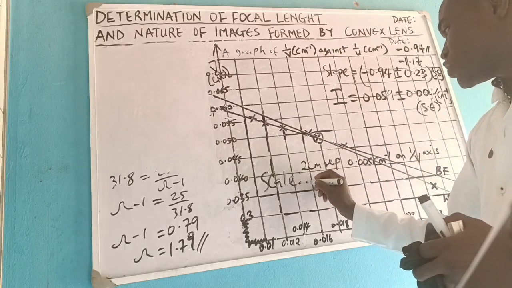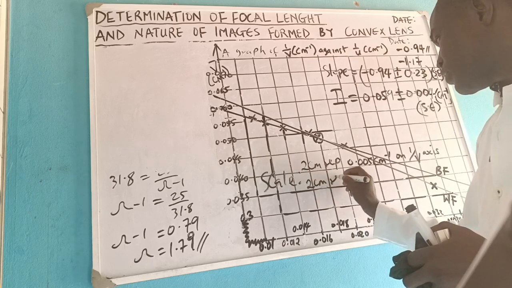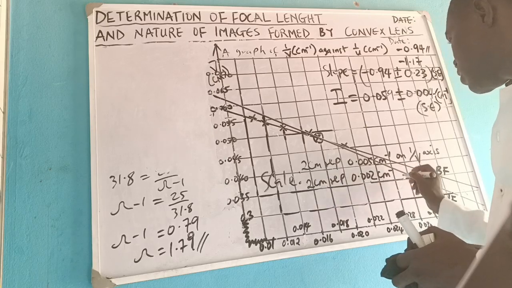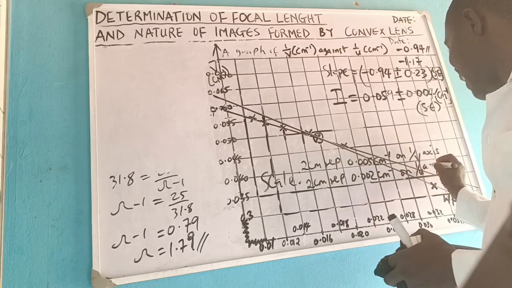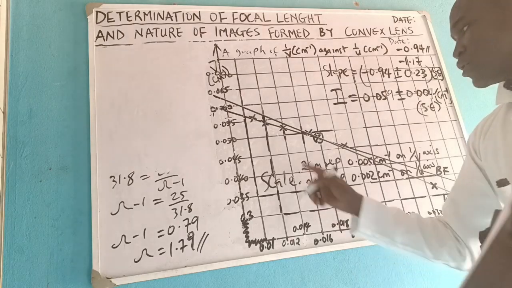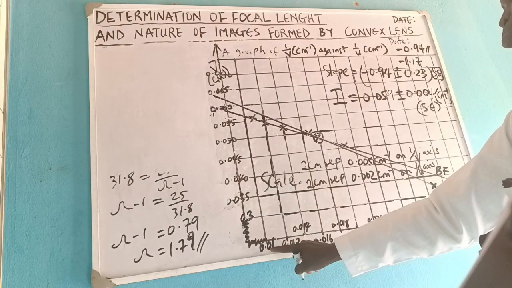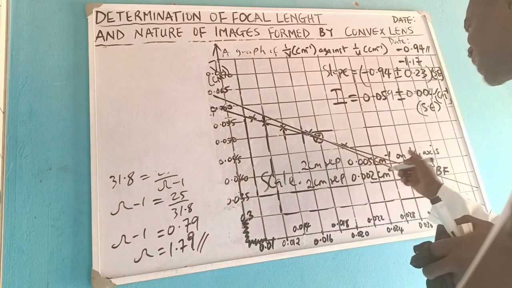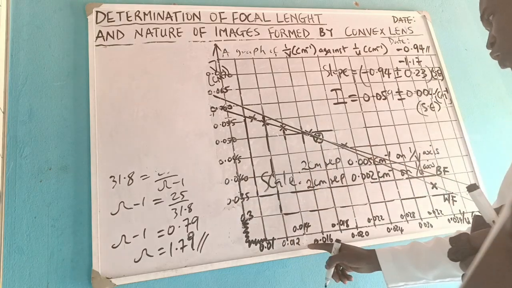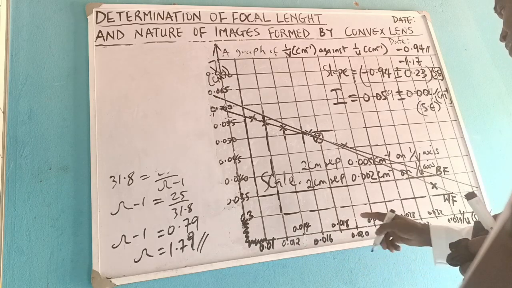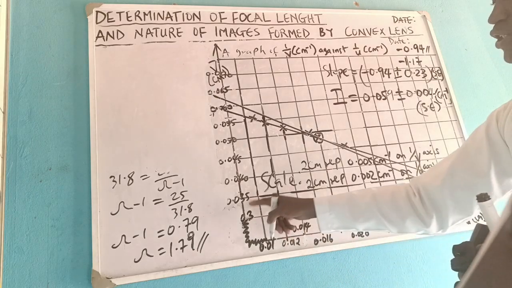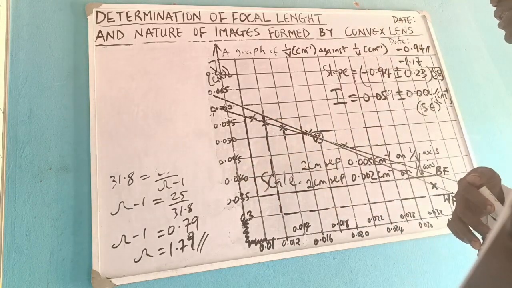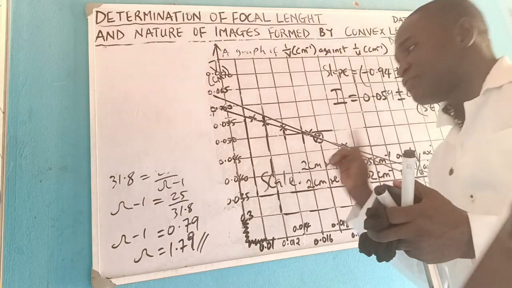Then for the horizontal, 2 cm represents 0.02 per centimeter on the 1 over u axis. Each of these big boxes is what we are seeing on the standard graph sheet. So note that very well.